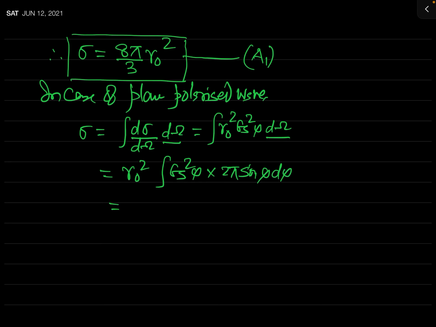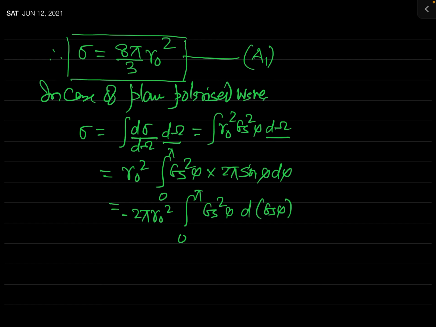So take the constant term outside, with limits 0 to π, and now this is 2π r₀² times the integral from 0 to π of cos² φ, and you can write it as d cos φ, but for that we must put a minus here, because d cos φ will be equal to minus sin φ dφ.